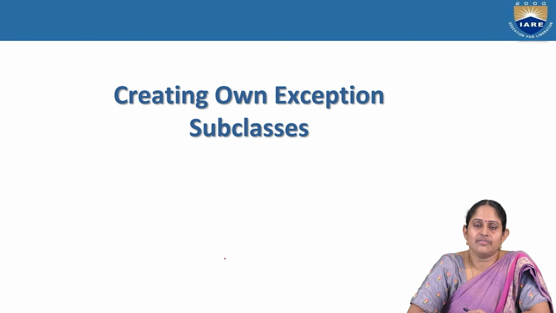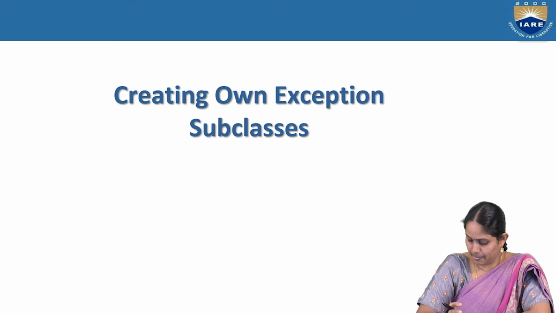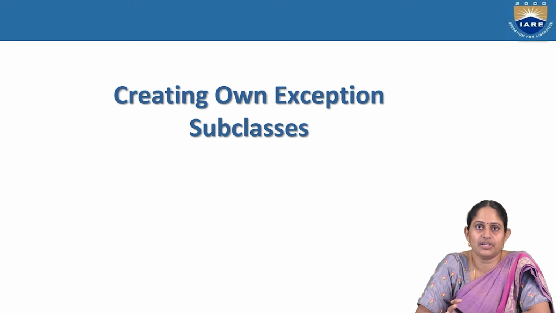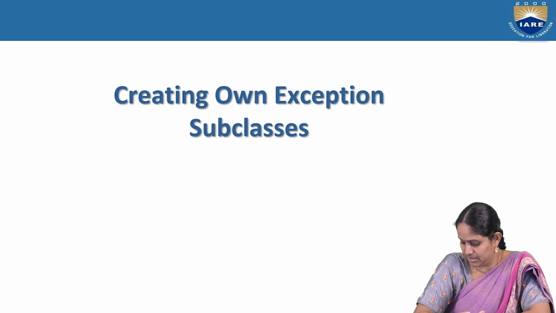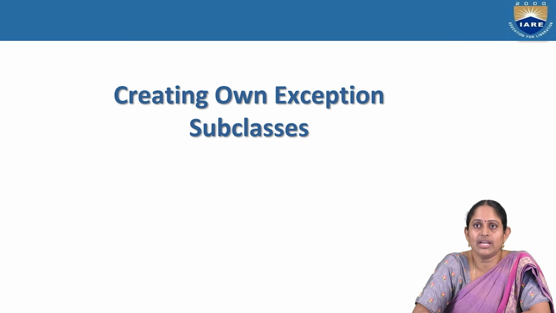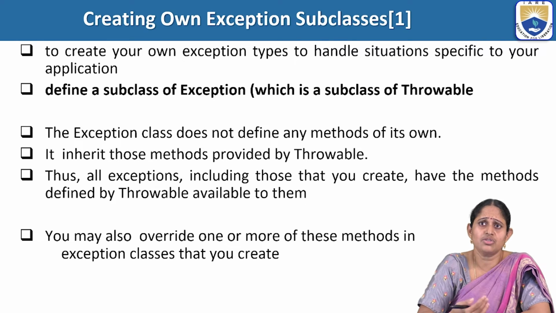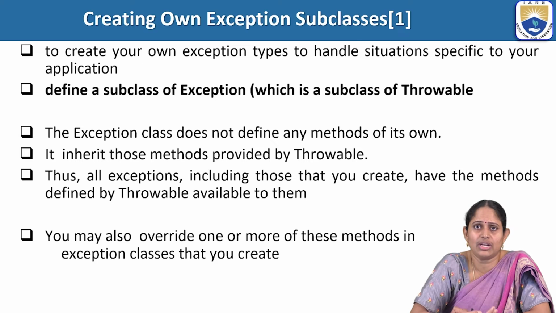Now there are cases wherein the developer himself wants to define their own exception. There may be chances wherein some operations occur for which that type of exception is not defined in Java, or the user himself wants to define some own exceptions.